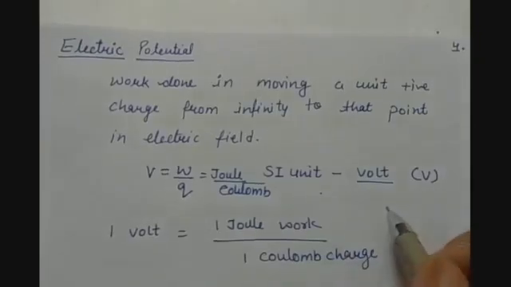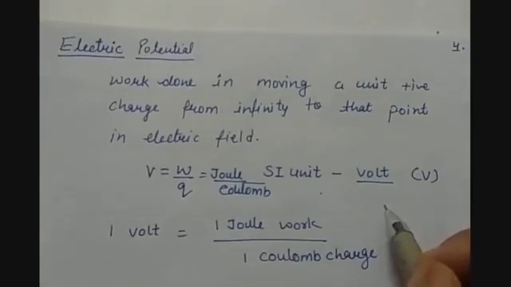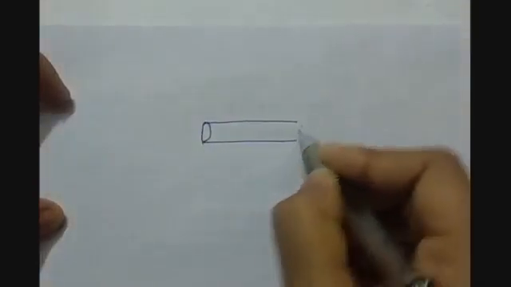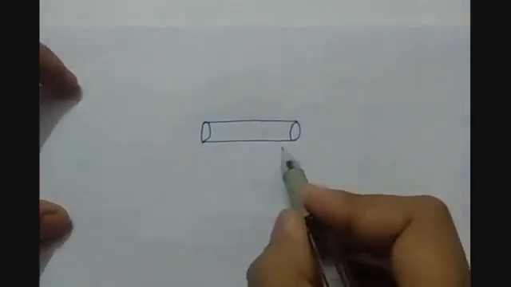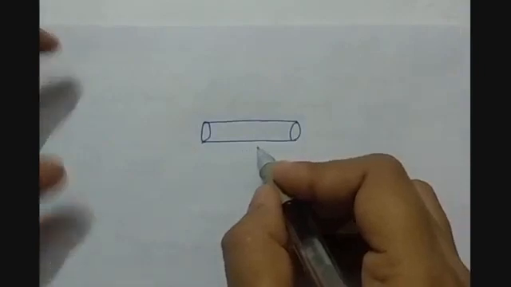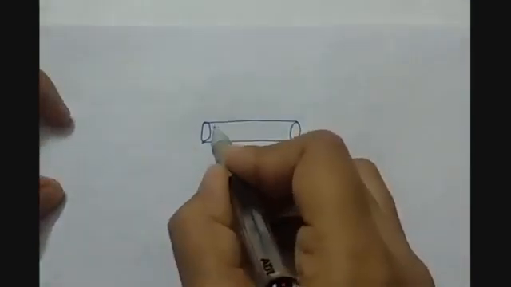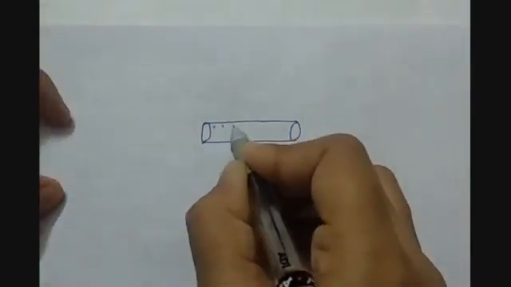As we have studied about electric current and electric circuit, we know that the current flows in a conductor. Suppose this is our wire, and this wire is made up of some material, and that material will have atoms.